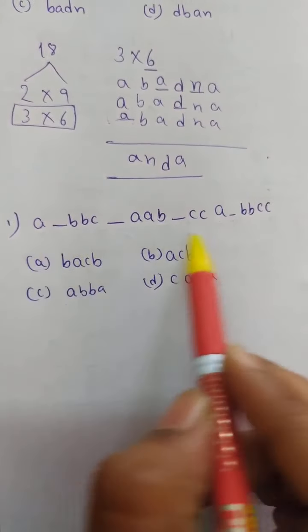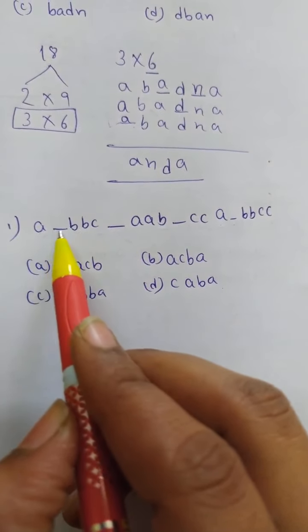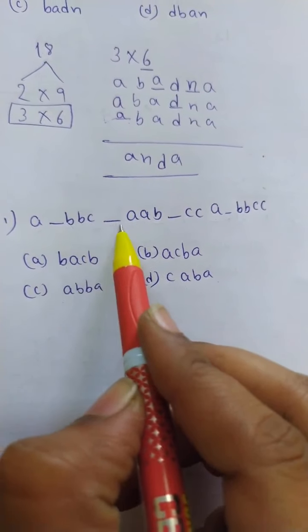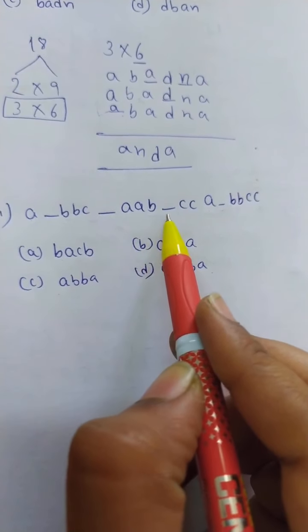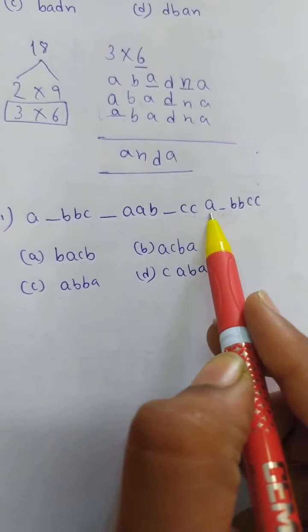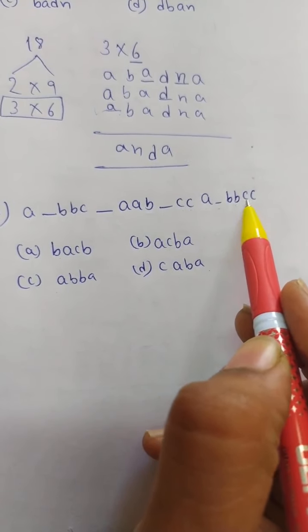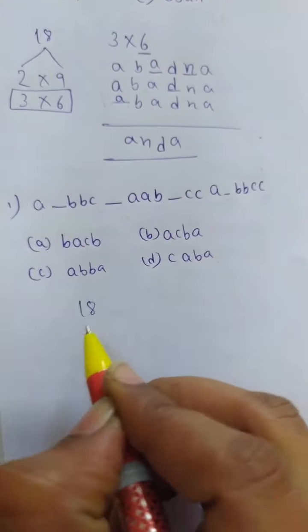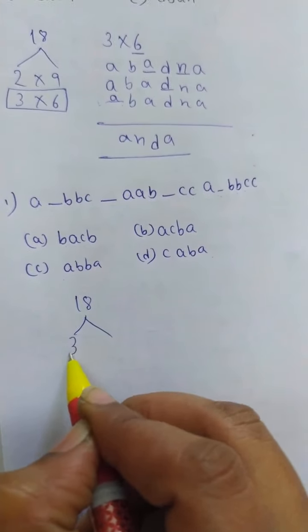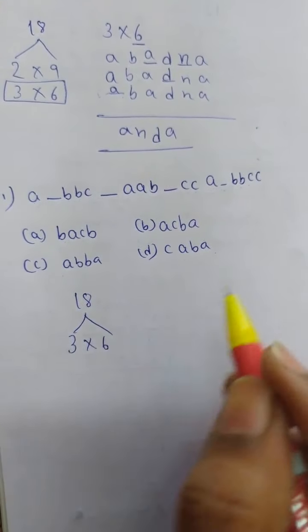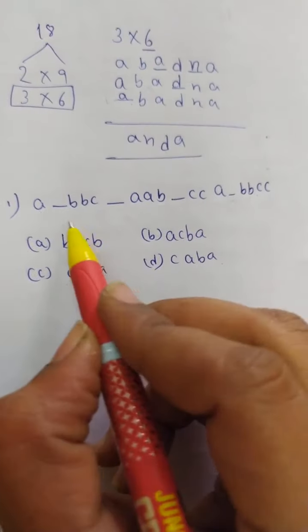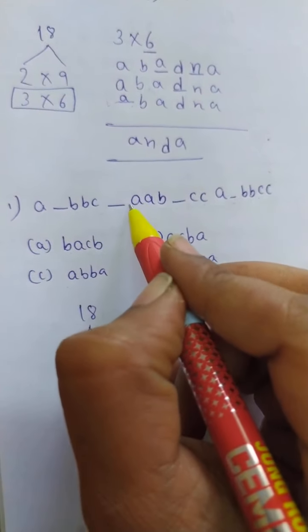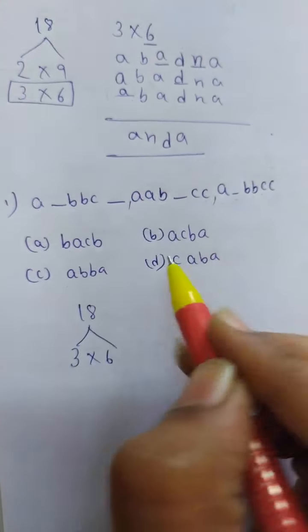How many letters are there in this series? 1, 2, 3, up to 18. 18 letters means we get the 3 by 6 combination. Divide this series into 6 letters each.